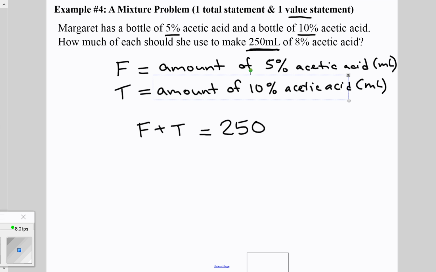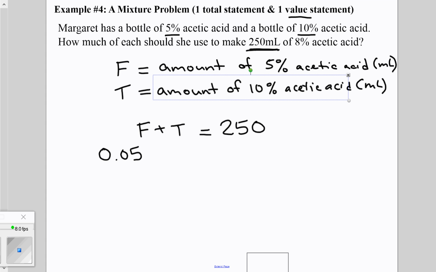As far as the value is concerned, you have to think about the strength of the acid. So 5% acid, remember when you write 5% in a math question, you're going to write it as a decimal. 5% can be represented by 0.05.